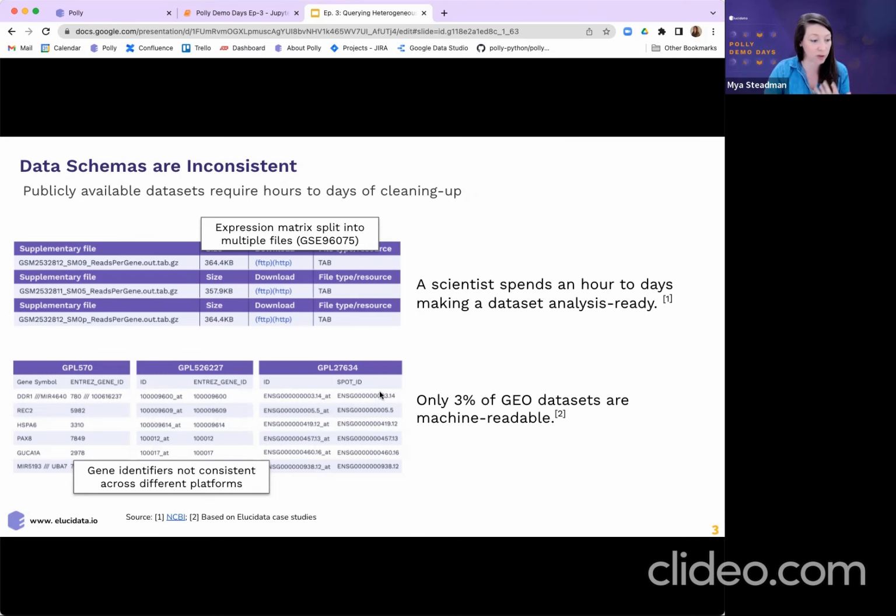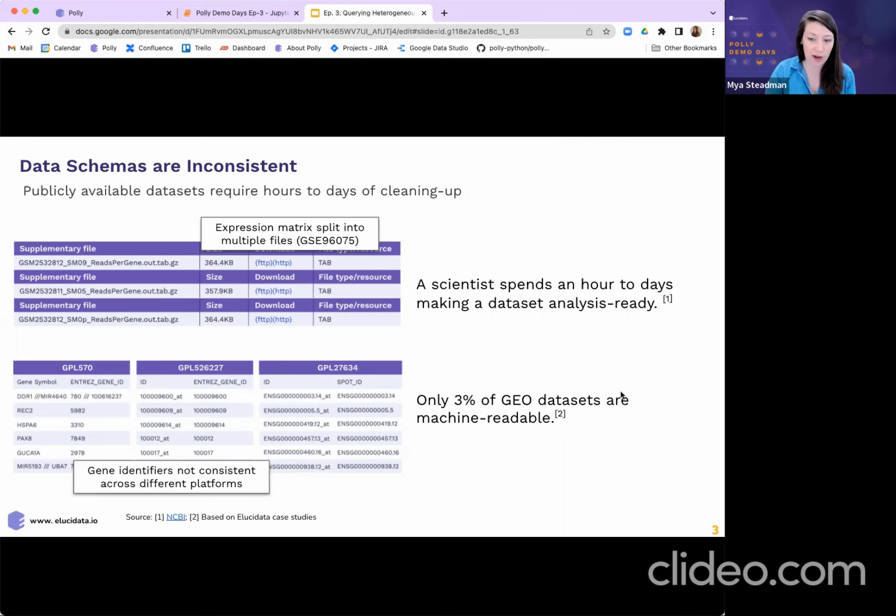I would first have to take my Entrez ID, my gene ID, and my Ensembl ID, do some sort of lookup to make sure that I can match them, and then create a key so that I know I'm comparing the same thing across these data sets.